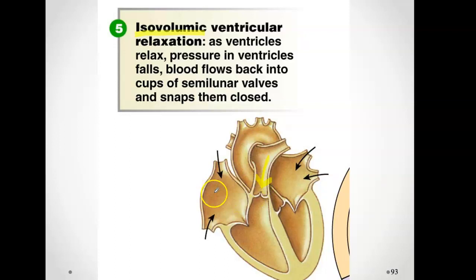So there is none yet coming in, and none coming back. So it's iso, the same volume of blood in the ventricles. So it's going to be an isovolumic ventricular relaxation.